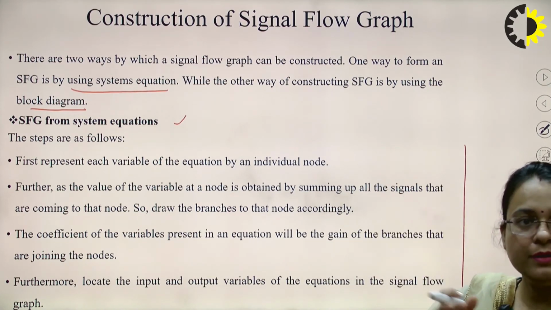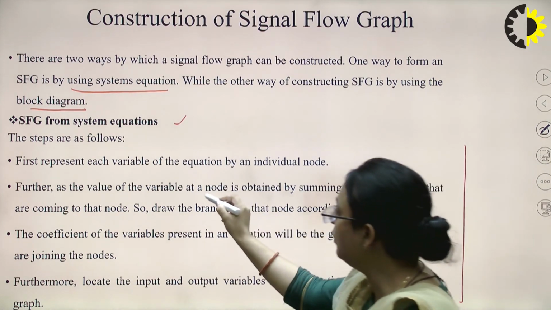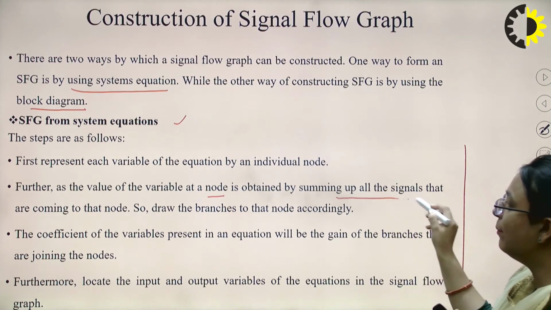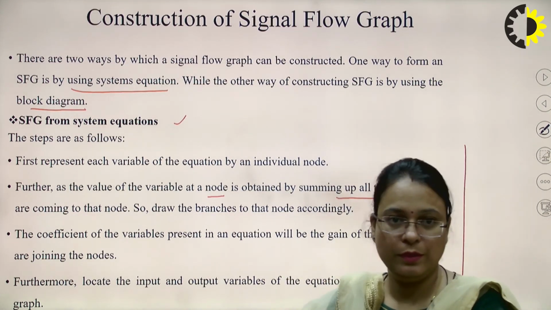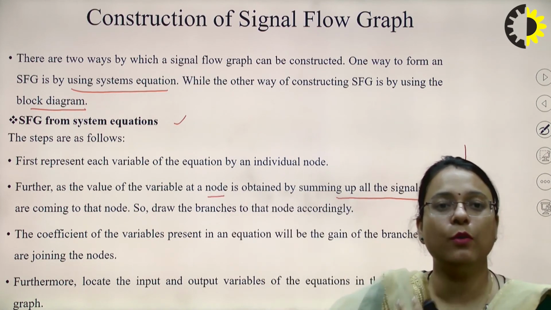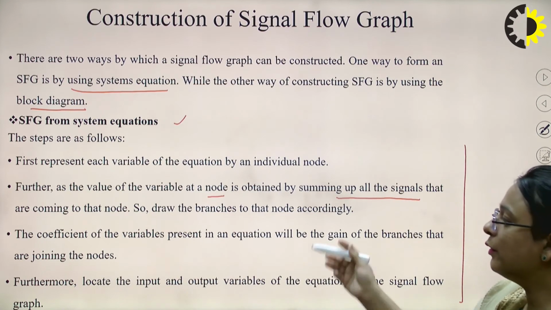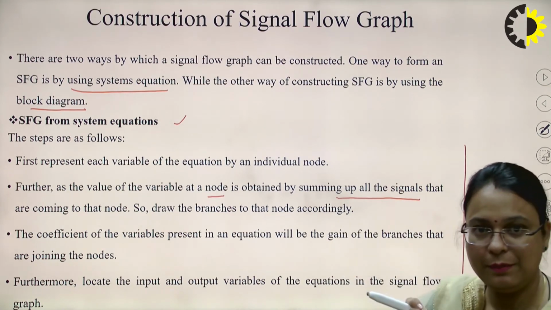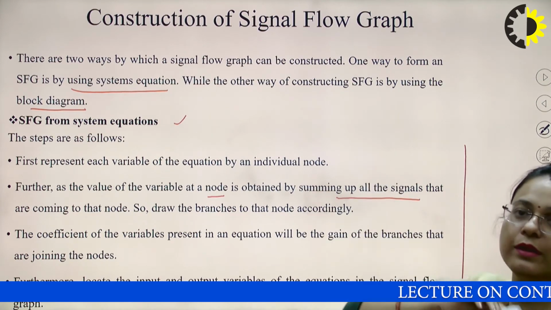Second, as the value of the variable at a node is obtained by summing up all the signals coming to that node, draw the branches accordingly. Third, the coefficient of the variables present in the equation will be the gain of the branches joining the nodes.